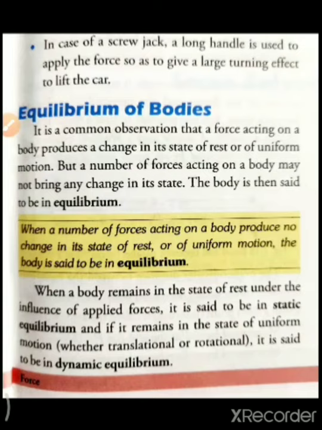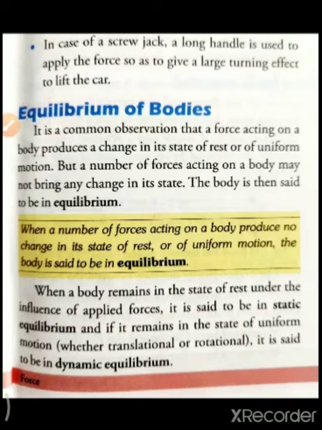But a number of forces acting on a body may not bring any change in its state. There may be a possibility that a number of forces are acting, but still the body does not change its position. That body is then said to be in equilibrium.